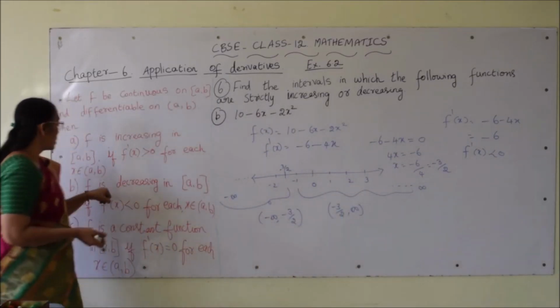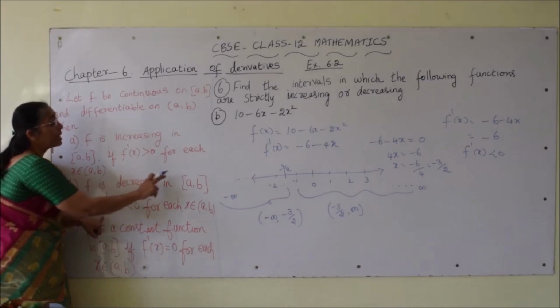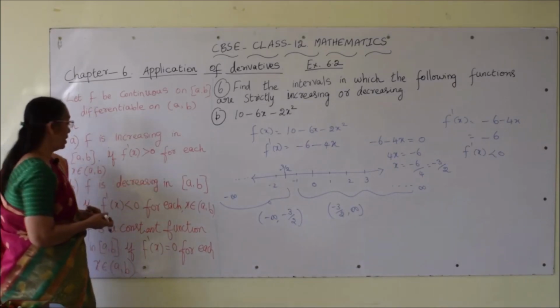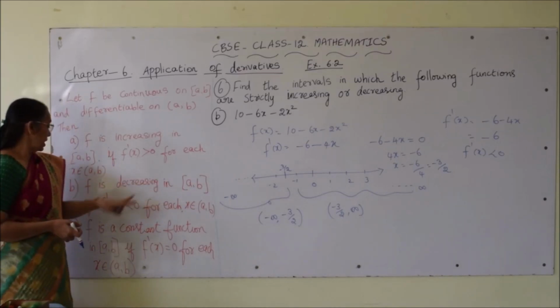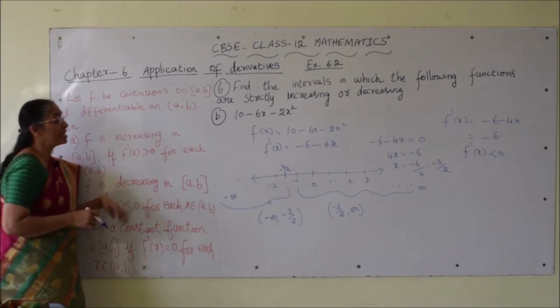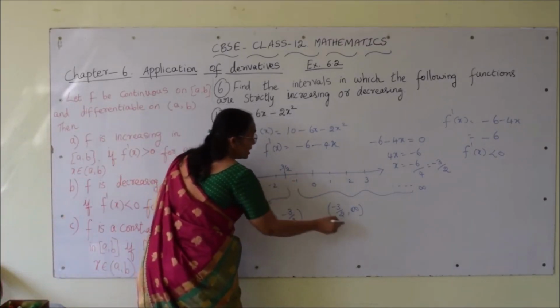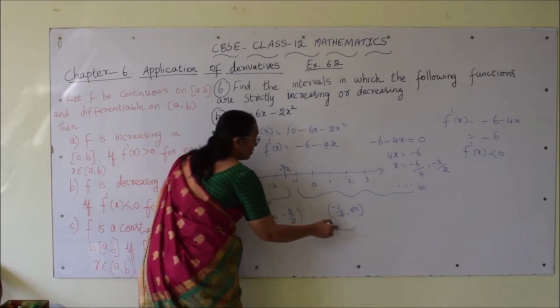If f dash of x is less than 0, the function is decreasing. So if it is decreasing in this interval, in the next interval obviously it will increase.